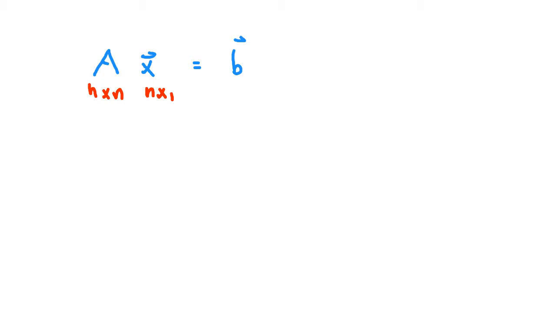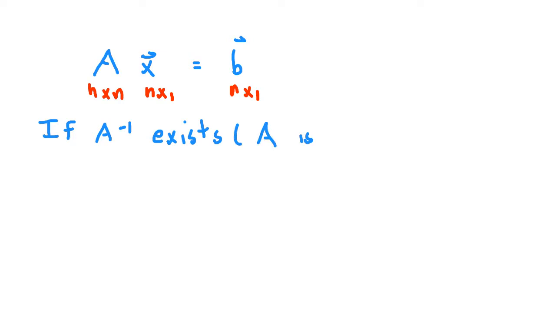X is an n by 1. The vector B has to be an n by 1. Now, if A inverse exists, that means A is invertible.